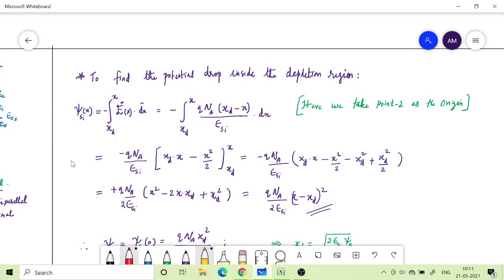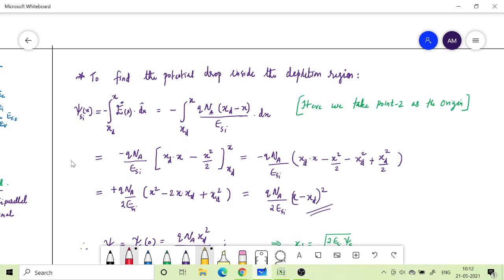So xd into x minus x square by 2, and the limits are xd to x. From xd to x we are evaluating, and so you substitute. If I put the upper limit x equal to x, that will be the same thing whatever is there in the bracket, minus, if I put x equal to xd, then it will be xd square minus xd square by 2.